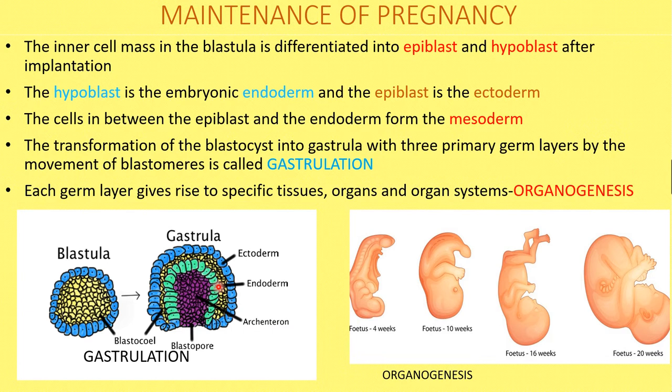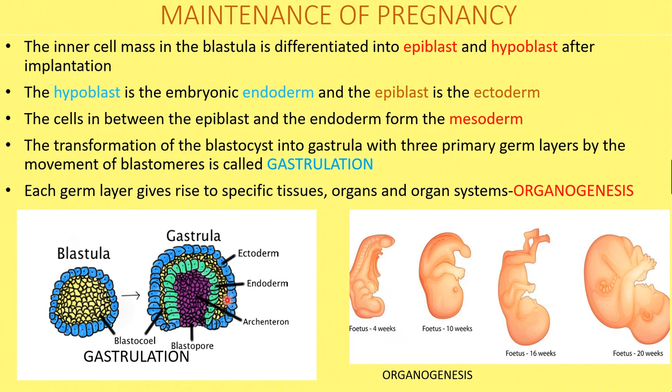So this hypoblast region develops into embryonic endodermal cells. Hypoblast is this region, it develops into the endodermal cells of the embryo. And epiblast develops into the ectoderm layer of the embryo.